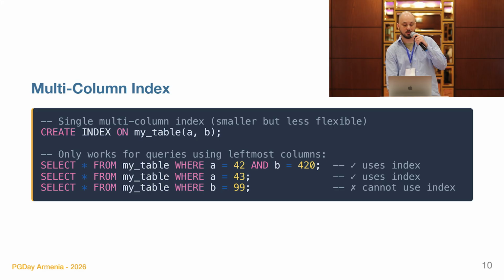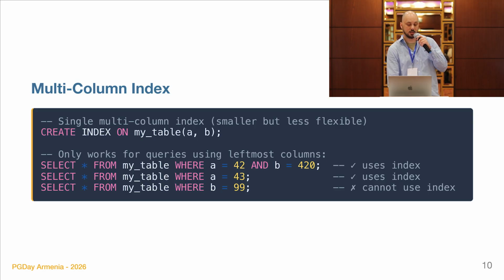So in this example, the column B won't be using the index because it should be prefixed by A. Like this will use the index because both are in the index and they're using the same order. This one will use the index, the second query will also use the index, even though it does not have the B column there, because A is there, but this one will not use the index. This is for Postgres 17.